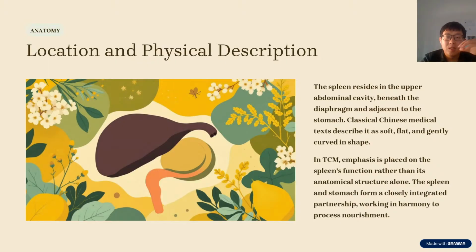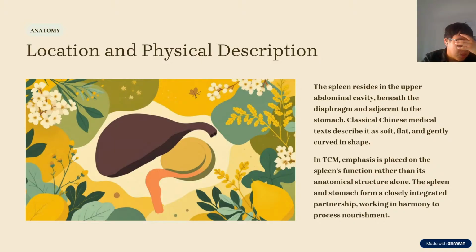In Chinese medicine, the spleen is quite different. The spleen is not only related to the blood circulation, to the blood, but it also has another function, which is the most important function, the digestion.